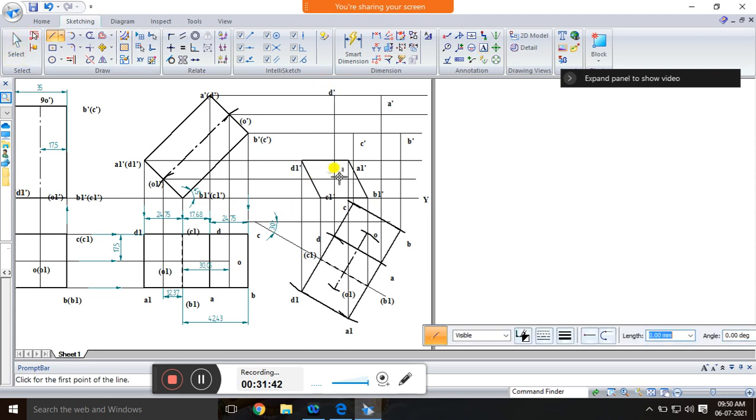And from here the visible edge A1 to A visible should be thick. If it is visible, you have to go with a thick pencil with the help of scale. B to B dash visible, and A to A dash visible. This is visible, and this one is visible, and this is visible. Only this much is visible.